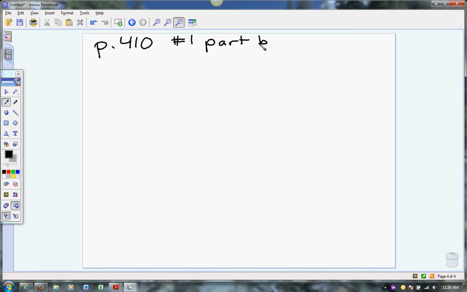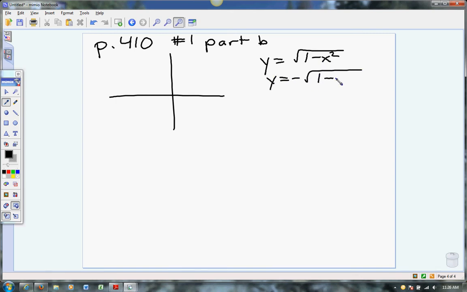Okay, so they say the semicircle y equals the square root of 1 minus x squared and y equals the negative square root of 1 minus x squared. We've just got a circle with a radius of 1. Okay? Let's just keep going though.